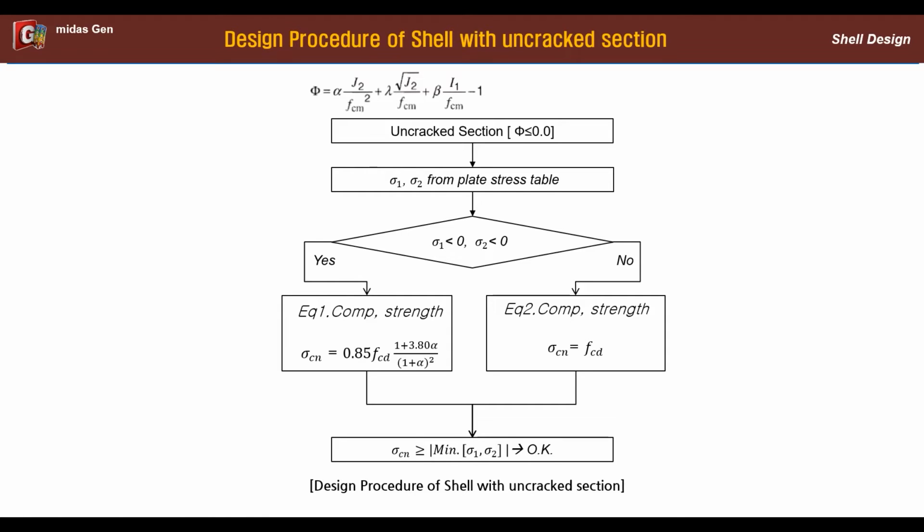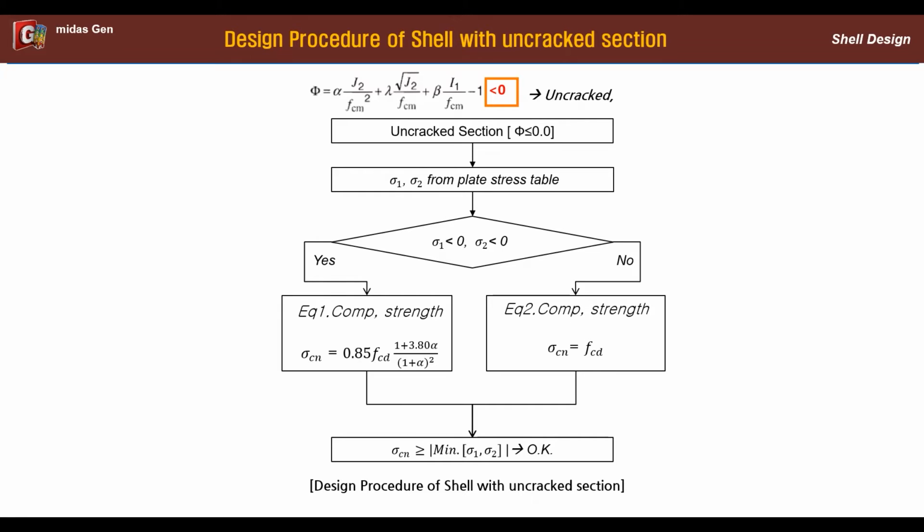Let's look at the procedure of shell design with uncracked section. As you know, when phi value is less than 0, it follows the uncracked section procedure like this chart. To secure the safety, the design principal stress, sigma 1 and sigma 2, must have a value less than the compressive strength, sigma Cn.